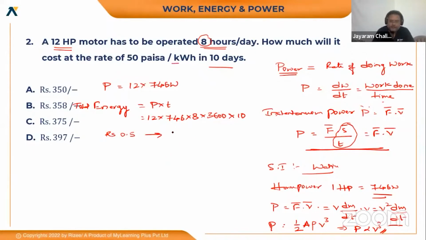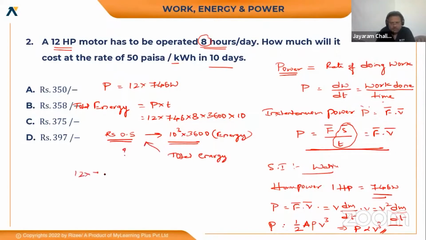Kilo means 10 to the power of 3, and watt hour means 3600. So 0.5 rupees are being used for this much energy. Then for the total energy, how much do you need? You can go for the cross multiplication and solve this.